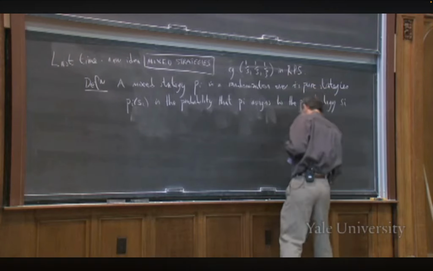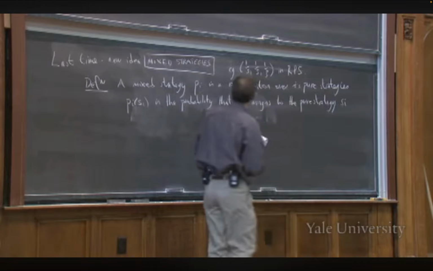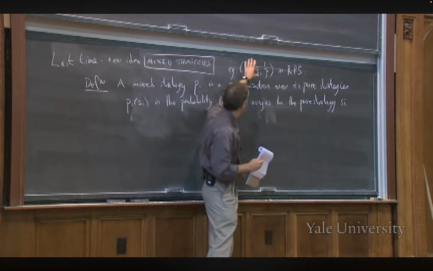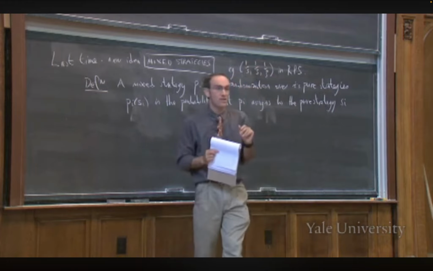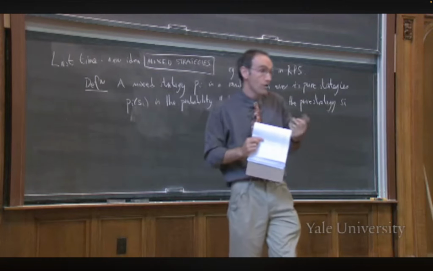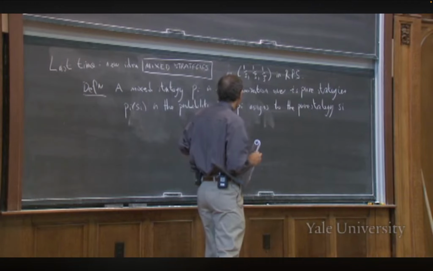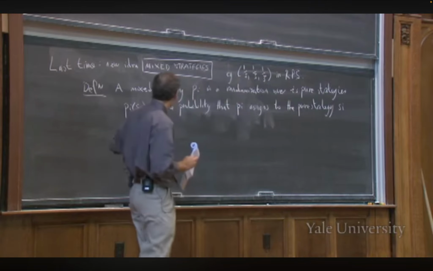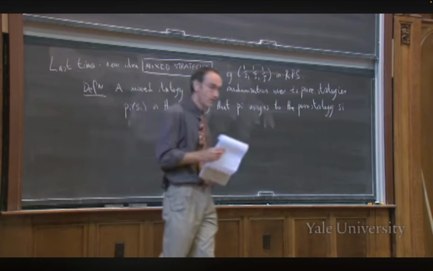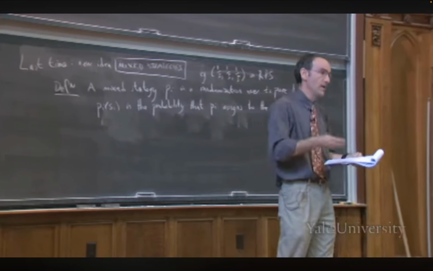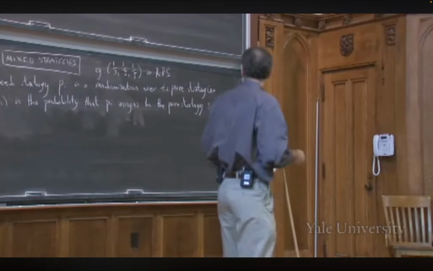And to immediately refer that back to our example, if I'm playing a third, a third, a third in rock, paper, scissors, then P_i is a third, a third, a third, and P_i of R is a third. All right, so without belaboring it, that's all I'm doing here, is developing some notation.